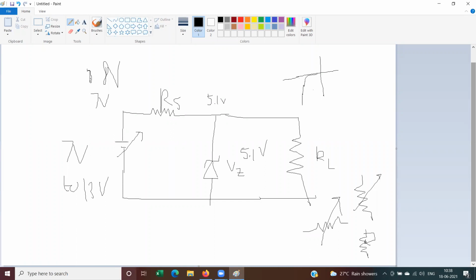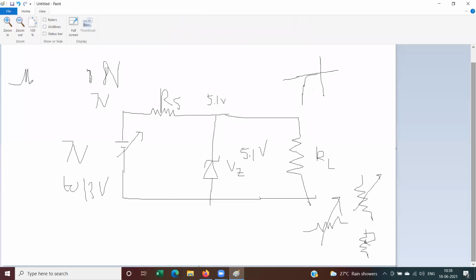If the voltage drop across a resistance increases and the value of the resistance is fixed, obviously the current through it would increase. Straight Ohm's law. I have a 100 ohm resistance. Voltage dropped across it is 1 volt.